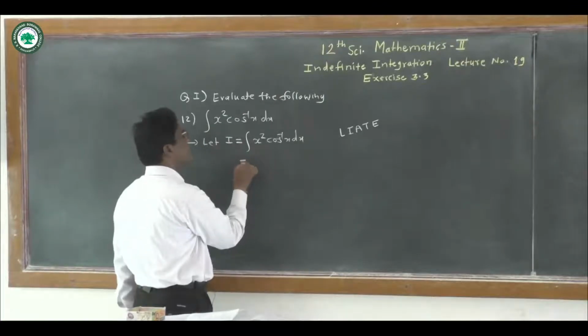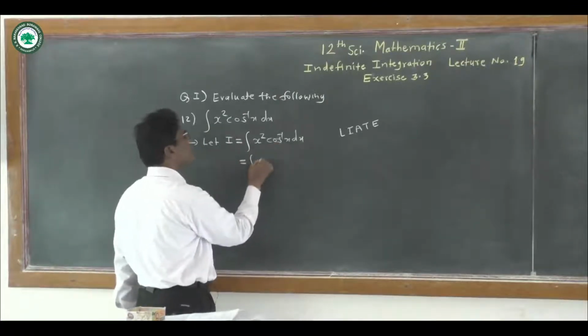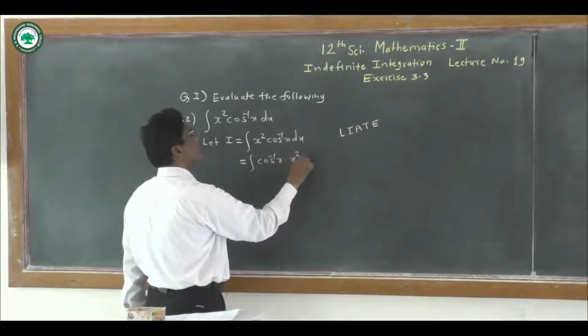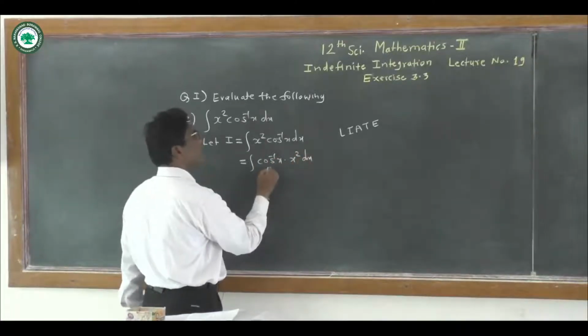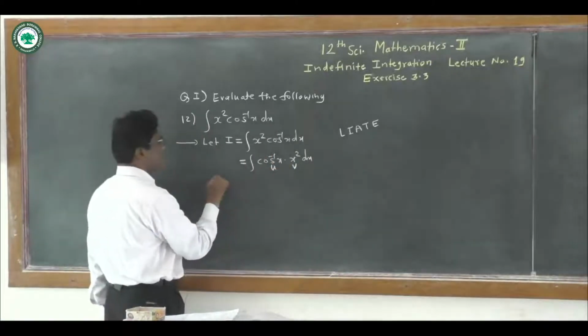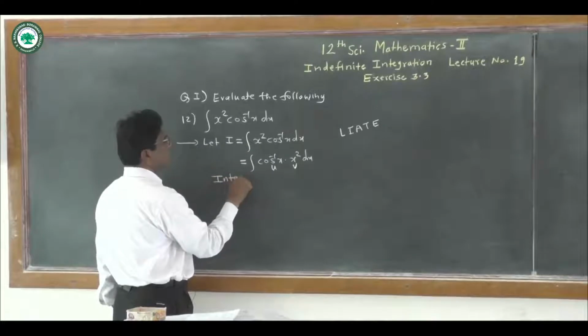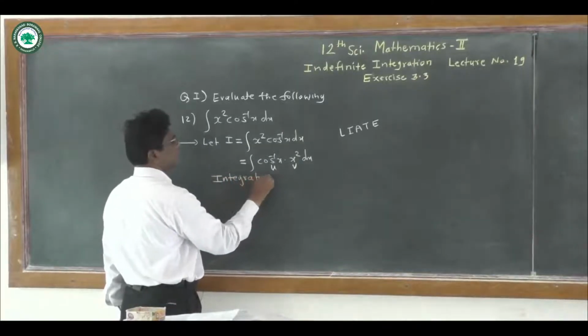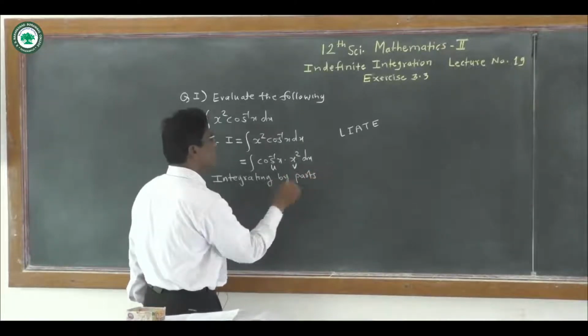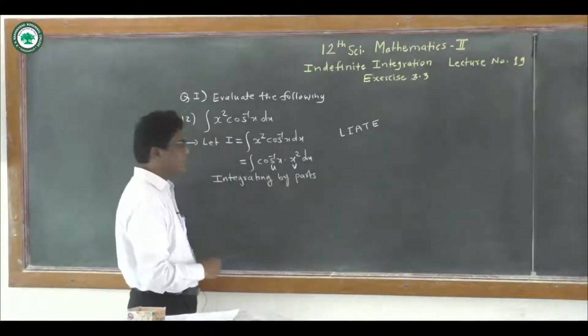So we write this as integration of, we write firstly cos inverse of x and then this x square dx, and now we call this as u and this as v, and integrate by parts. Integrating by parts means here we use the integration of uv rule.